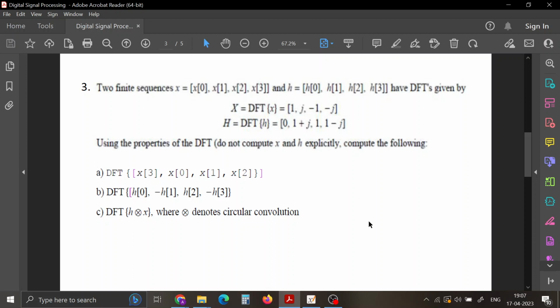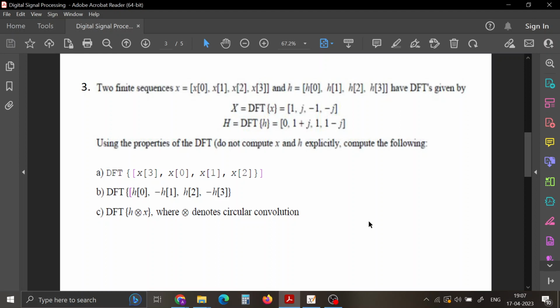If you multiply by minus 1 to the power n, where n is the running index, then you can incorporate this alternating sign. Whenever the indices are odd you have a negative sign, and whenever they are even you have a positive sign, which is exactly what is happening here.